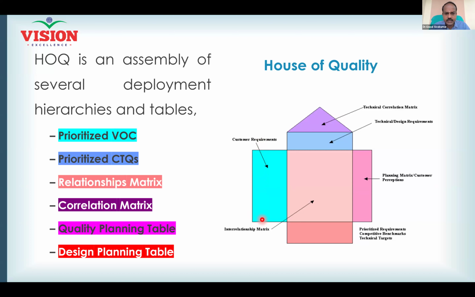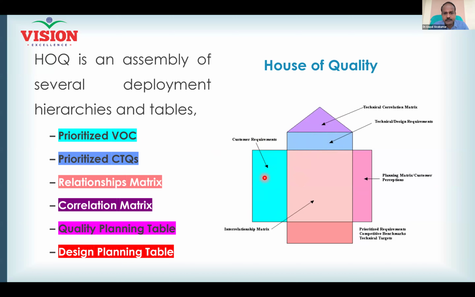So then comes this area, this blue color. This is prioritized CTQ. You all know what is CTQ, right? Critical to quality characteristics. Nothing but the specifications. What the customer wants is written here. How you are going to provide them, that is written here.